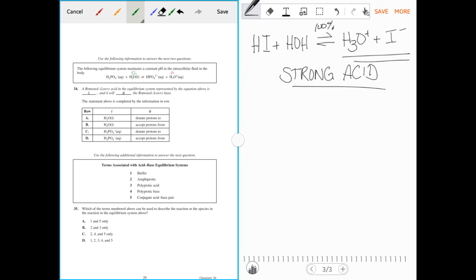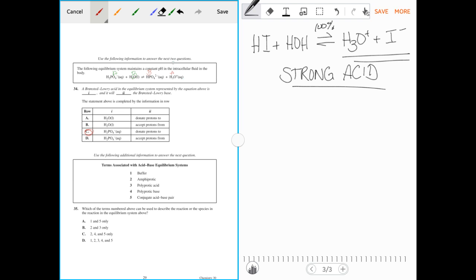We have our base, which is our proton acceptor, and our proton donor is our acid here, and then that forms our acid and our base on the other side. So the Bronsted-Lowry acid is going to be our H2PO4 minus, and that donates protons to our Bronsted-Lowry base. So the correct answer here is C.